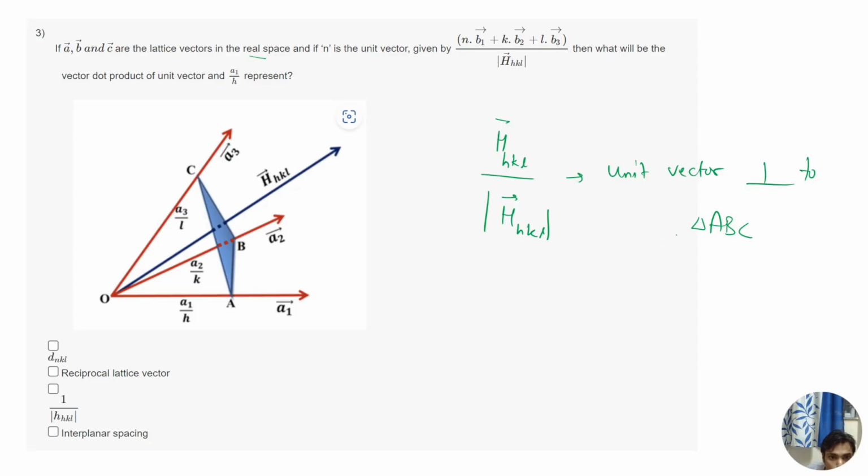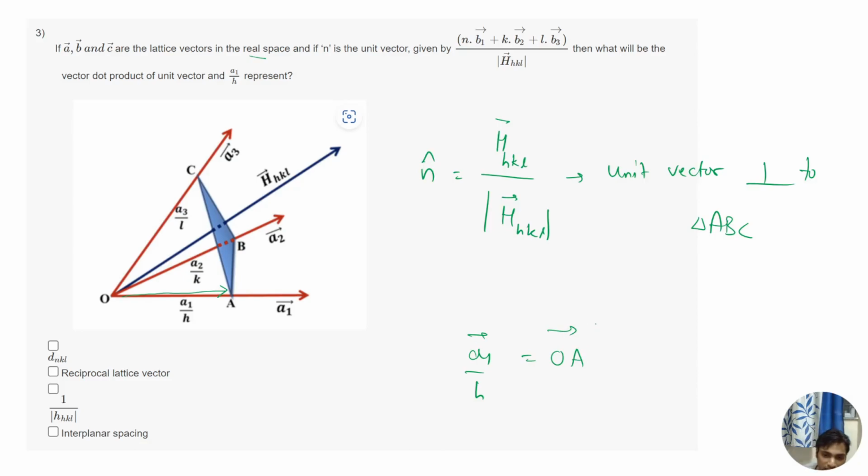Then the dot product of n cap and a1 by h. What is a1 by h? This is your oa, which is a1 by h.